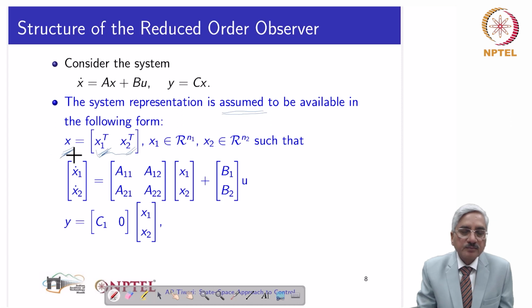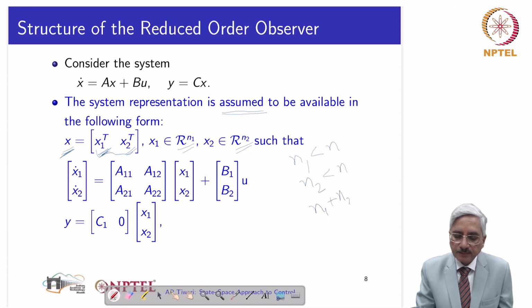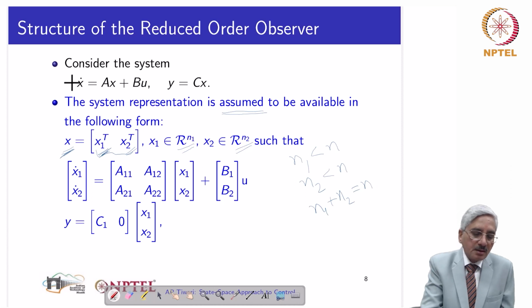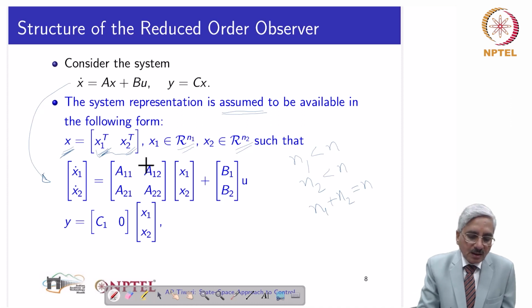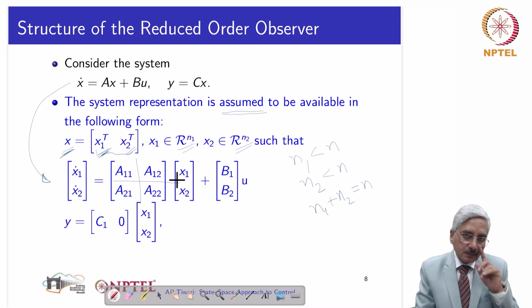Together they make x. So x1 is of order n1 and x2 is of order n2. Both n1 and n2 are less than n, however, they will add up to make n. So we assume that the dynamics is available in this decomposed form.